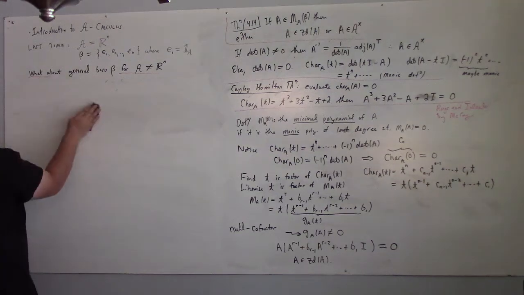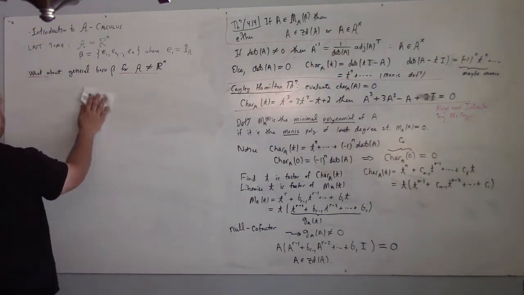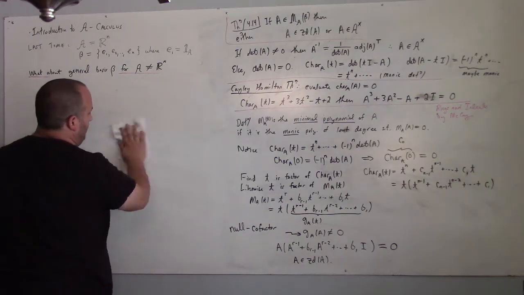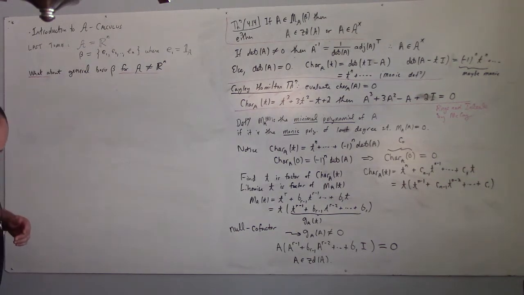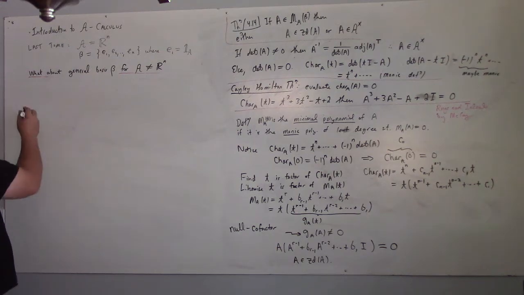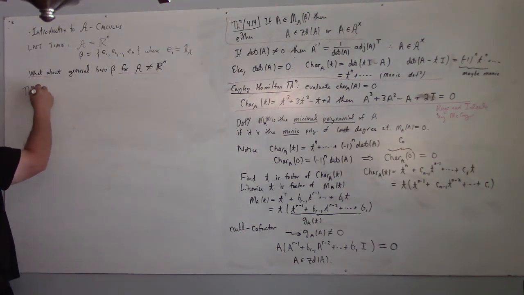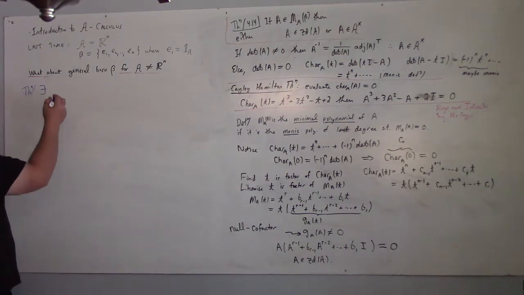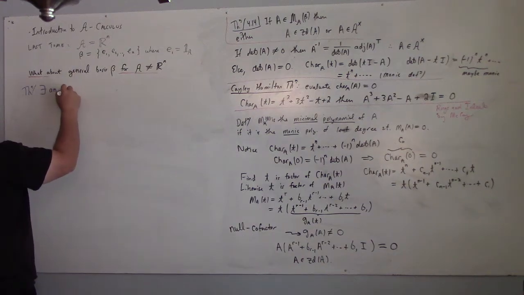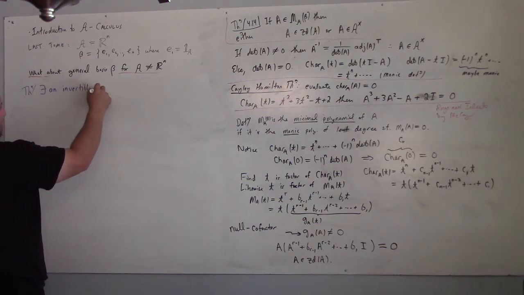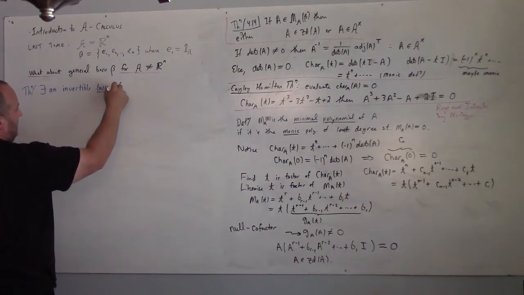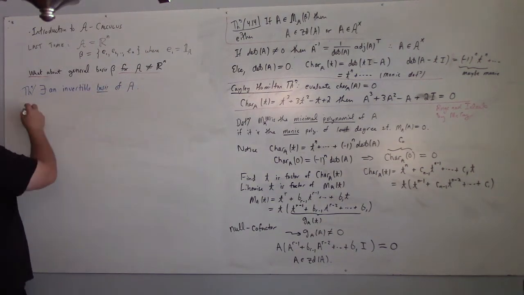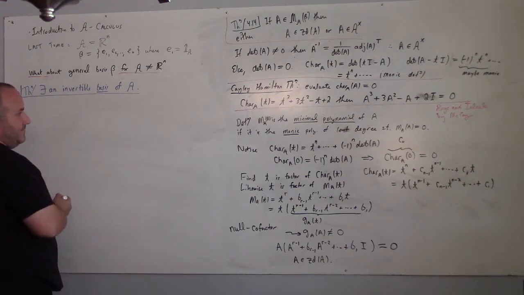Another thing is a theorem in this. I oscillate between this theorem being obvious and this theorem being really hard to understand. So the theorem: there exists an invertible basis of A. Yeah, you lost me.